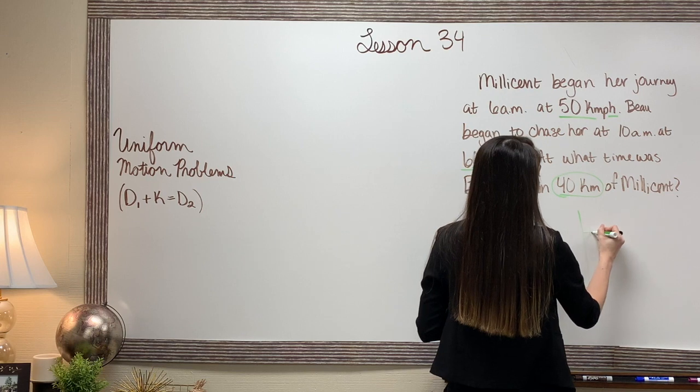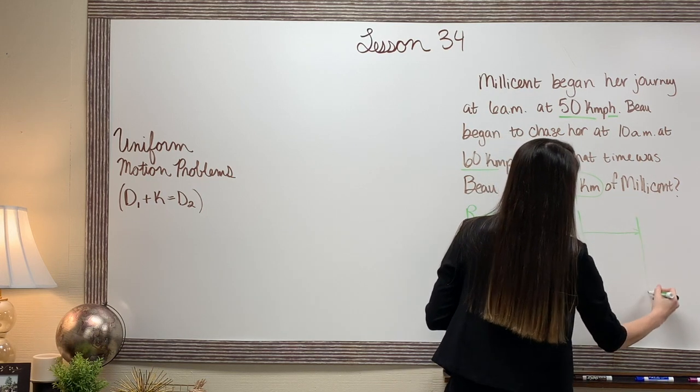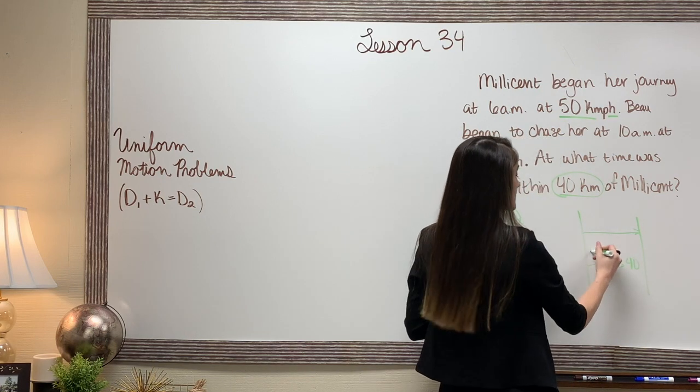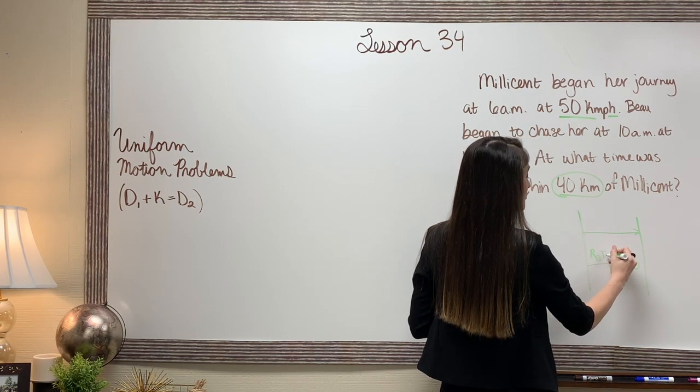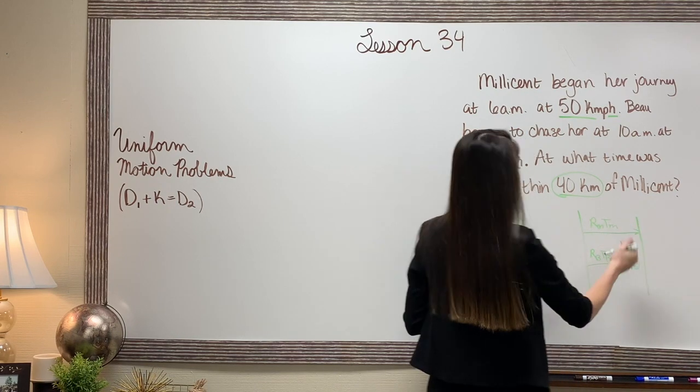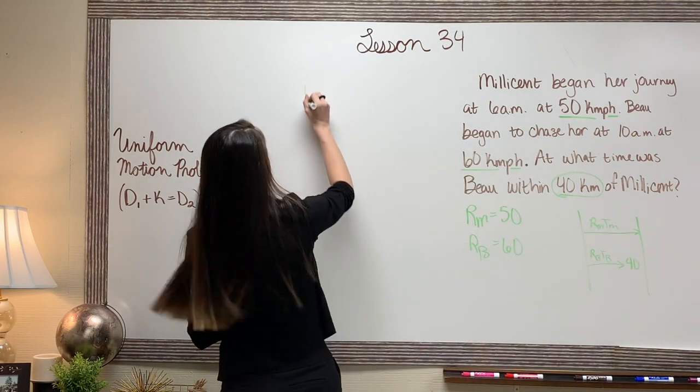So Millicent is going to go this far, and then this is Bo, and our gap is 40. So we've got the rate of Bo, time of Bo, and then we have the rate of Millicent, time of Millicent. That's going to be our master equation.